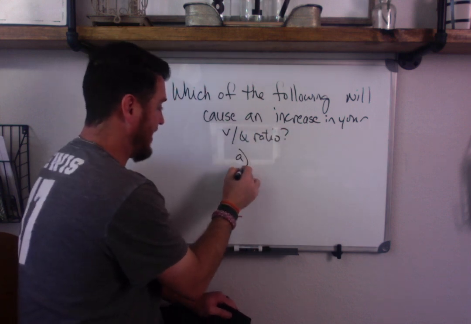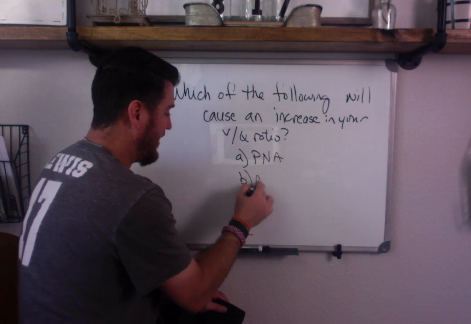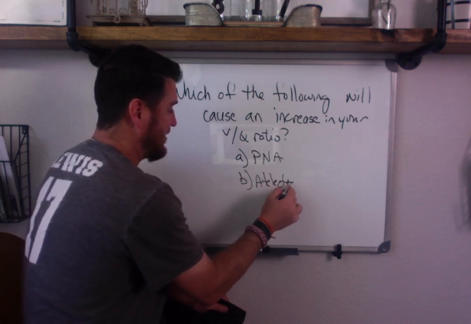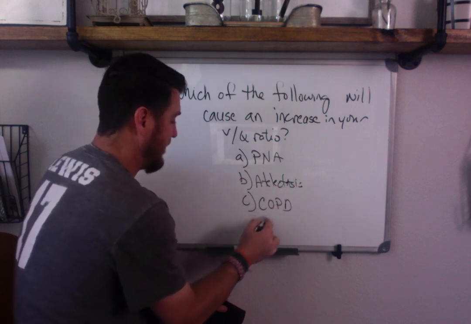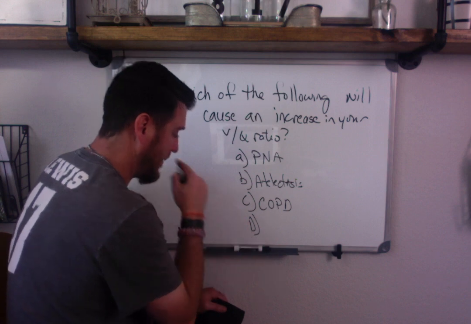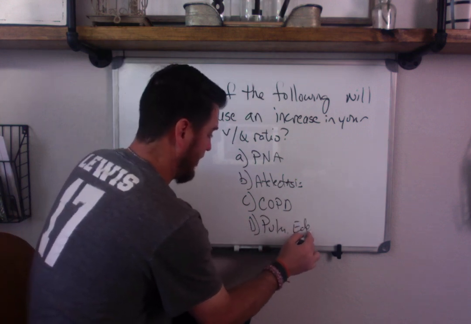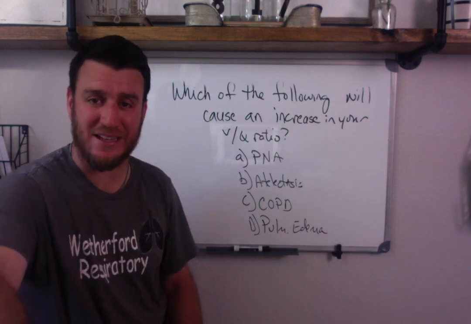And the answer here is A, pneumonia, B, atelectasis, C, COPD, D, pulmonary edema. Now, if you want to try this, pause this video, come back, I'm about to explain it, okay?